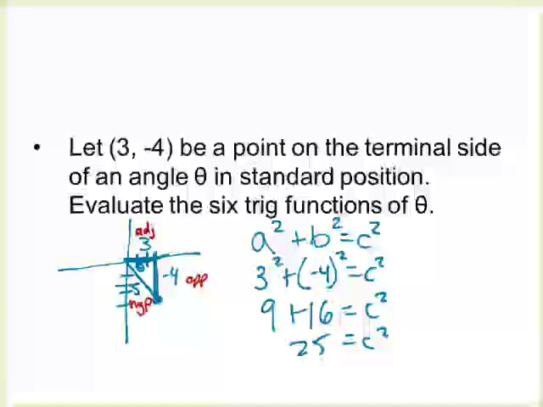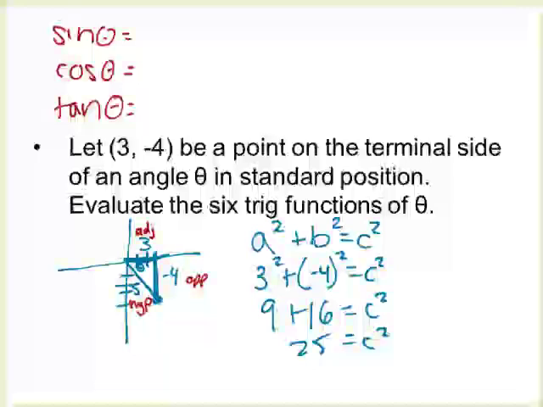So then we want to write our 6 trig functions according to this triangle, SOHCAHTOA, that we learned a couple days ago. Sine is opposite over hypotenuse, so that would be -4 over 5. Cosine is adjacent over hypotenuse, 3 over 5, and tangent is opposite over adjacent, -4 over 3.